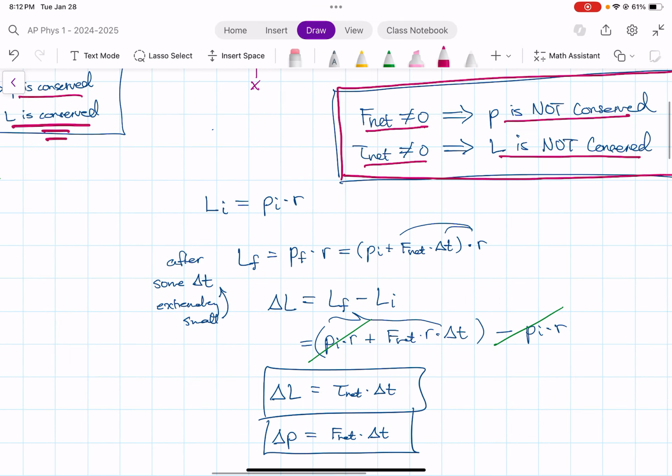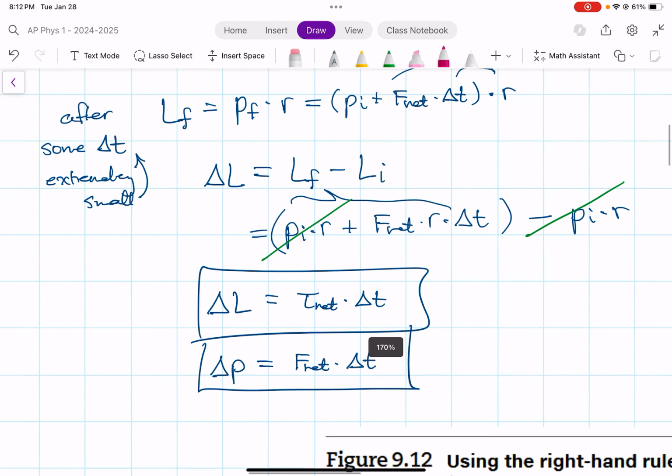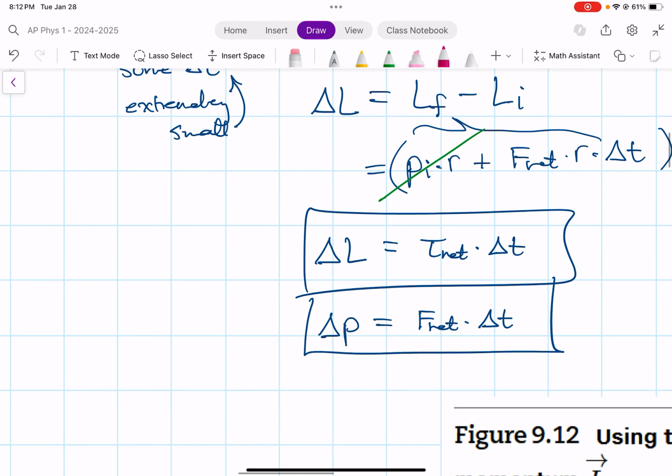And we actually walked through all the calculations, and we came up with what one of the worksheets called the impulse momentum theorem. You don't have to call it that, but essentially we figured out there's an angular version of the one we already knew before.